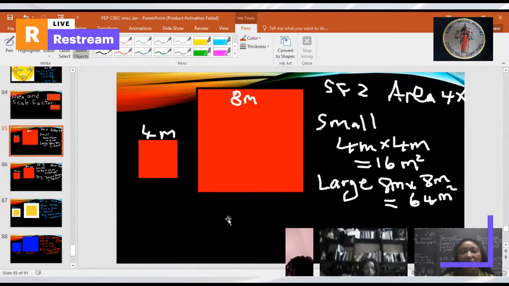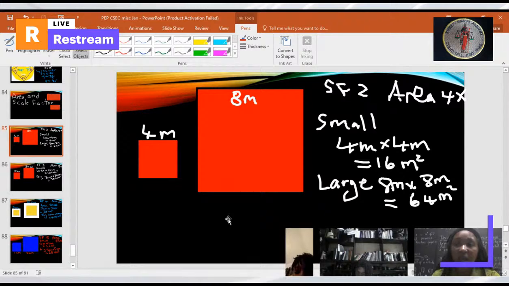So if you know the length of the small square, and you know the scale factor, by how much you're multiplying that to get the length of the big one, can we derive a kind of formula to know how much bigger the area is?